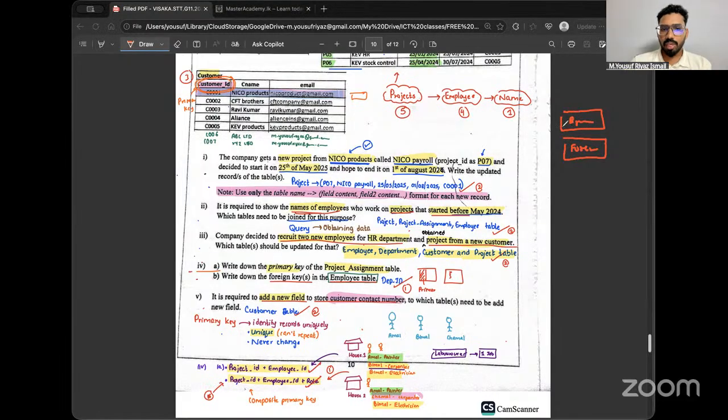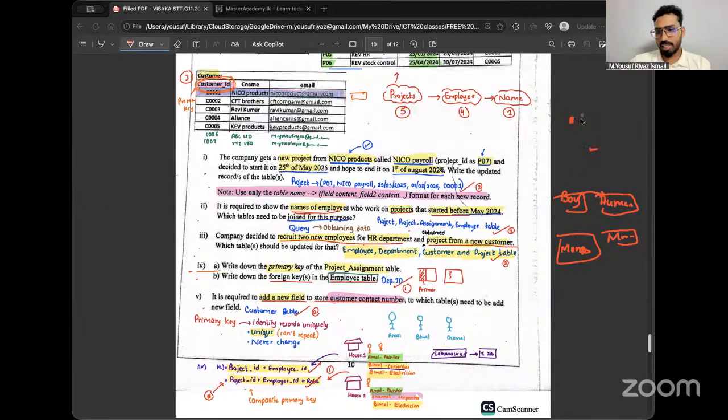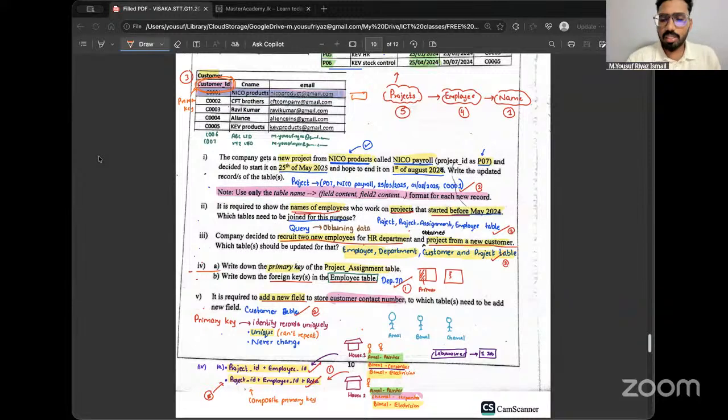It's like the difference between a boy and a monkey is the same as the difference between a human and a monkey. A boy is basically a type of human. So a composite primary key is just a type of primary key. At the end of the day, the difference between a foreign key and a composite primary key is the same as primary key versus foreign key. Does that make sense, Sana?